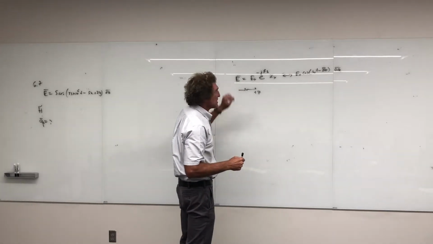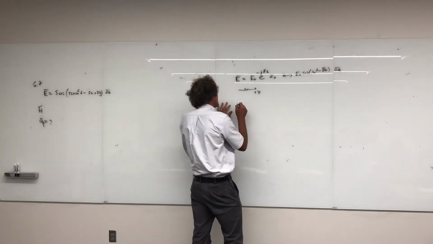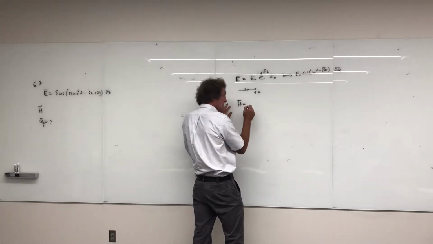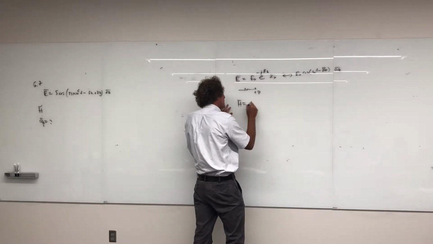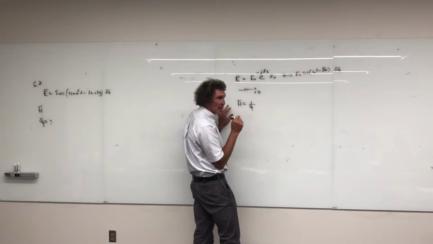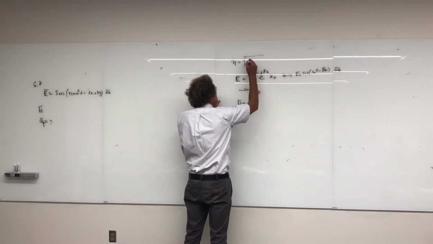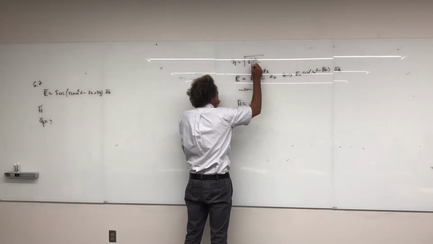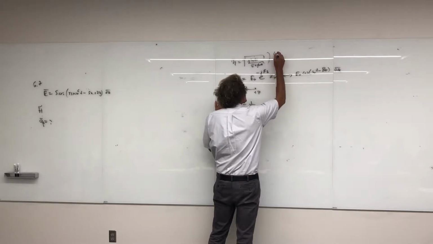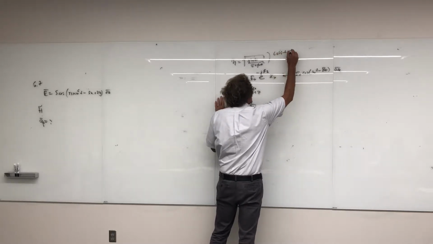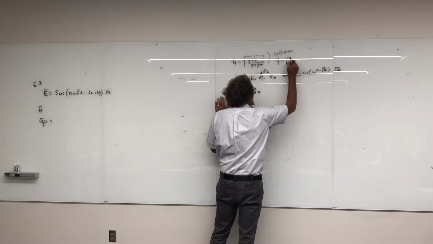Now, if you have this electric field propagating in the plus Z direction, the value of the H field here you can get by saying it's equal to 1 over eta, the eta of the region, and again, eta is the square root of j omega mu over sigma plus j omega epsilon. In a lossless case, eta itself would be simply the square root of mu over epsilon.